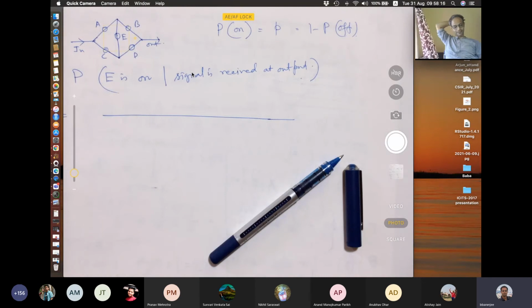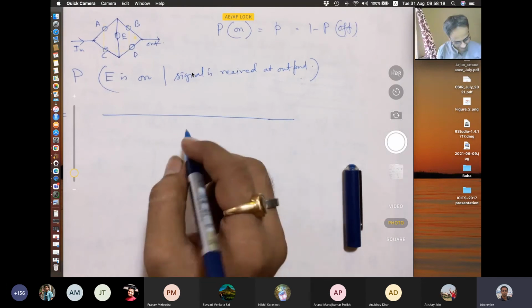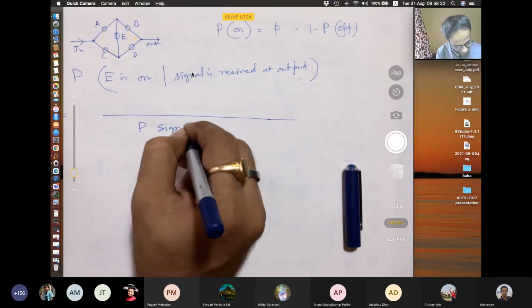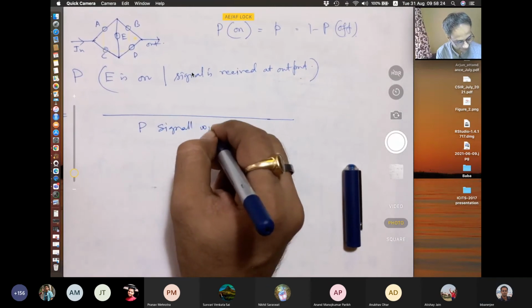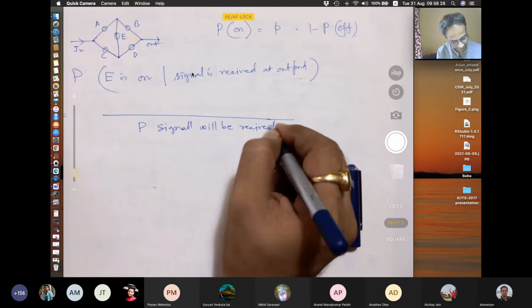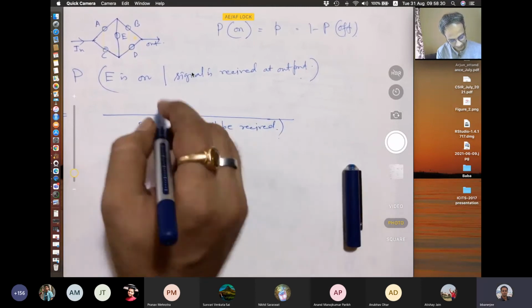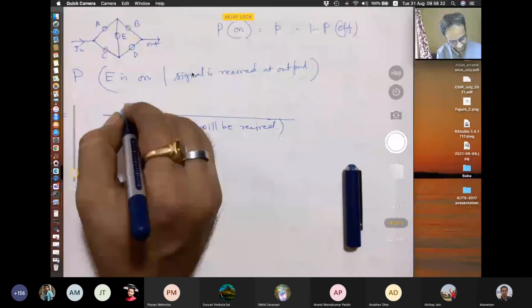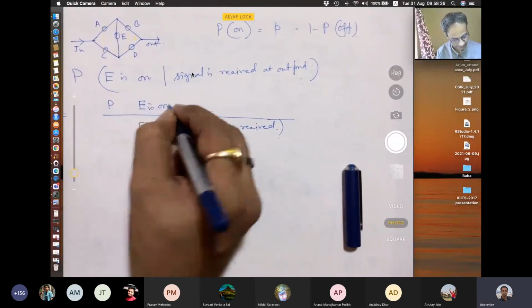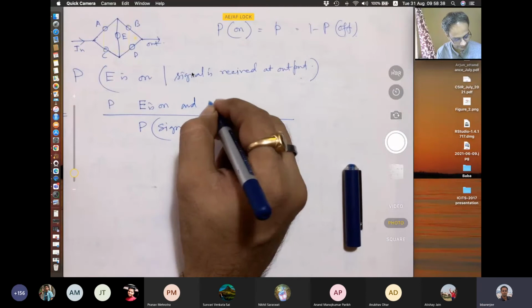So what is the probability that signal will be received? And E is on and signal will be received.